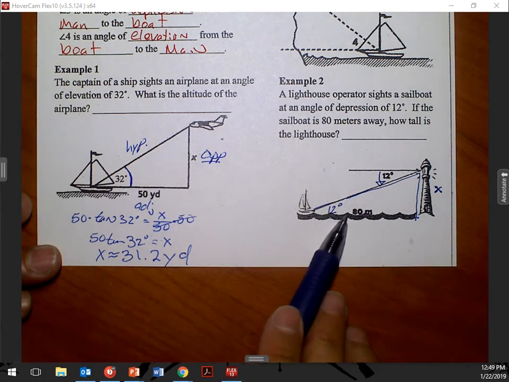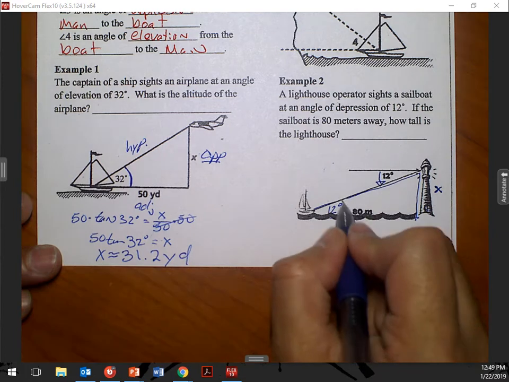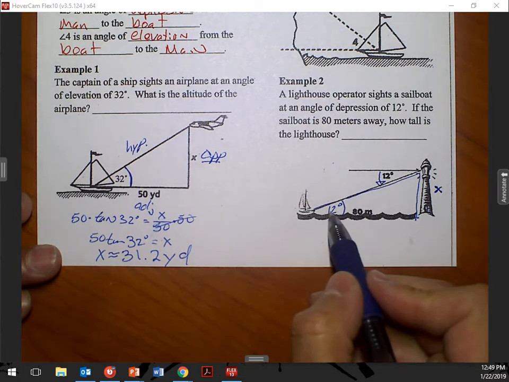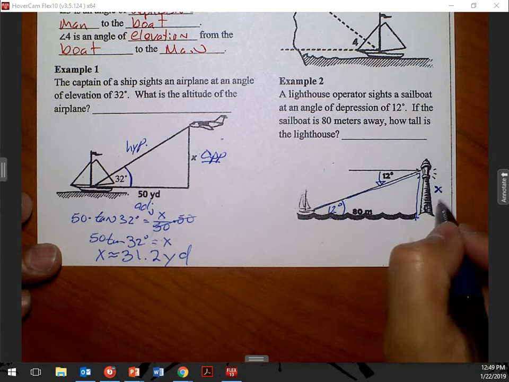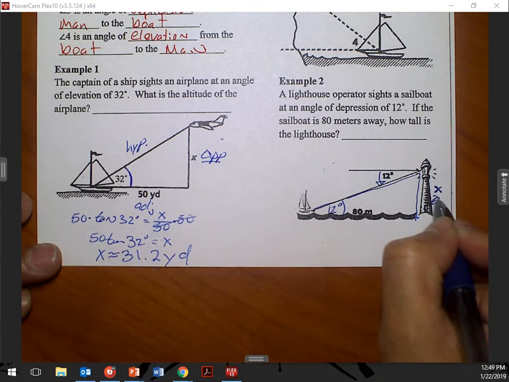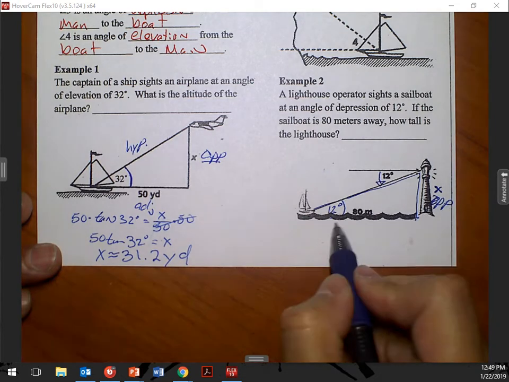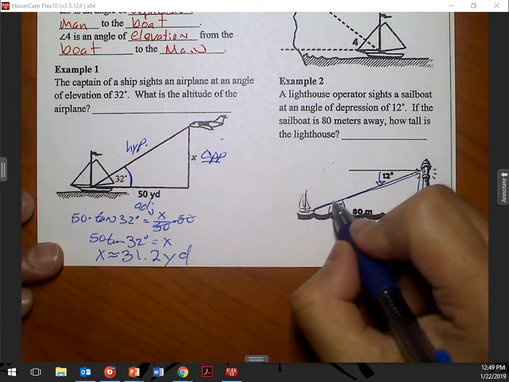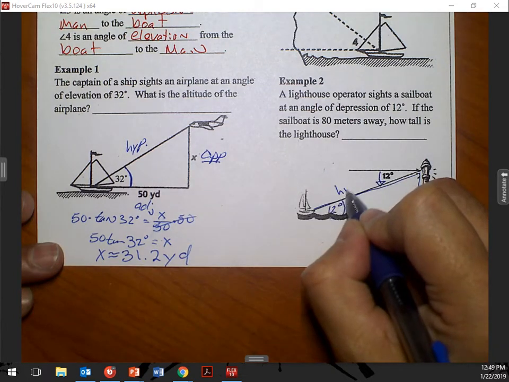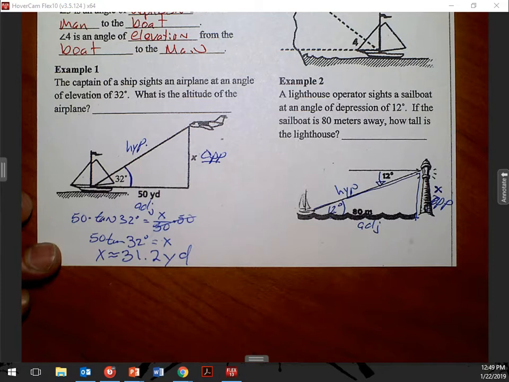This thing over here would be called my reference angle. Very good. From my reference angle, this is the opposite.